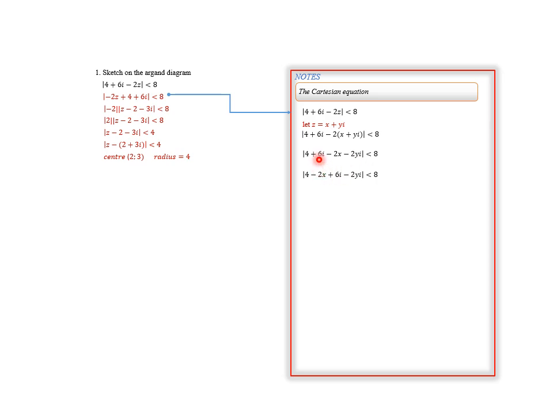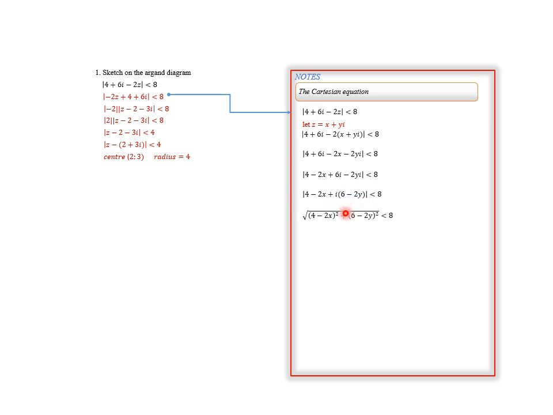We can now group the real part together, so it's 4 minus 2x. Then 6i minus 2yi is the imaginary part, under the modulus less than 8. Now we find the modulus of this complex number. The modulus is the square root of real squared plus imaginary squared.